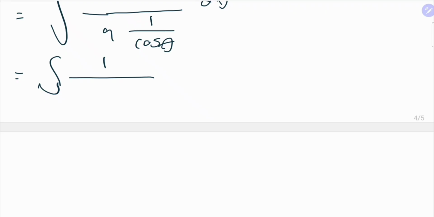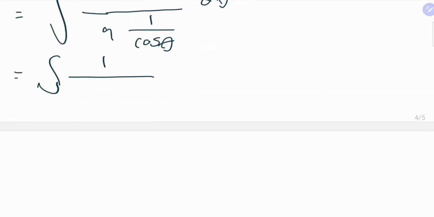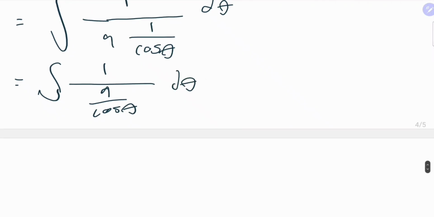So that's just going to be 1 over 9 times 1 over secant, which is just cosine. Just wait a second. Okay, so this equals 9 over cosine theta d theta.